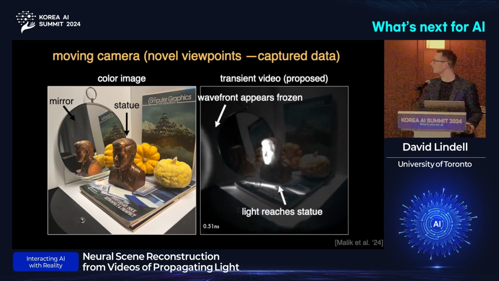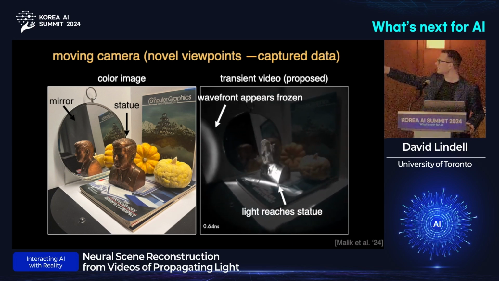So here it is. What's interesting here is that as the camera moves, you'll see that this wavefront on the left appears to be frozen. Why is that? It's because the camera is actually moving with the wavefront of light. So if the camera is moving with the wavefront of light, there's basically no change.